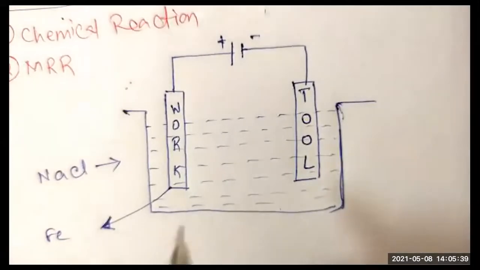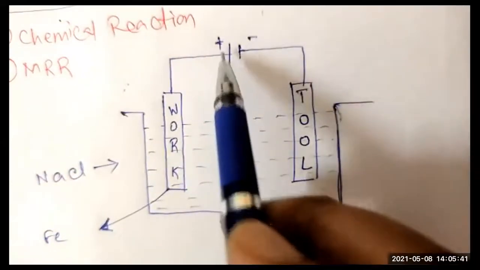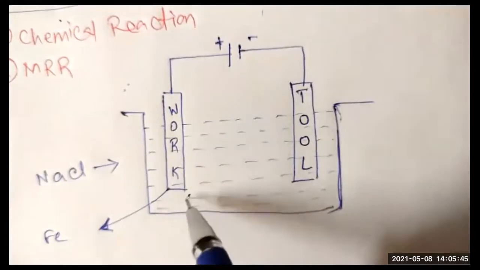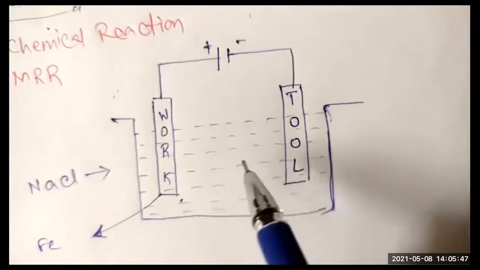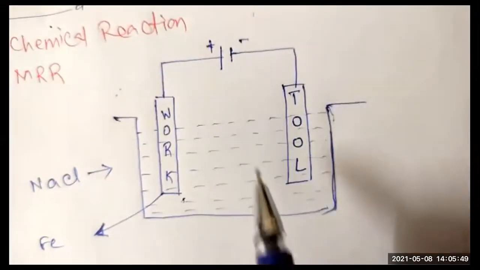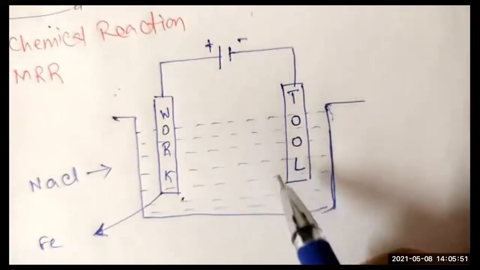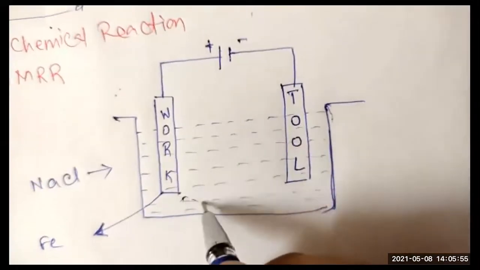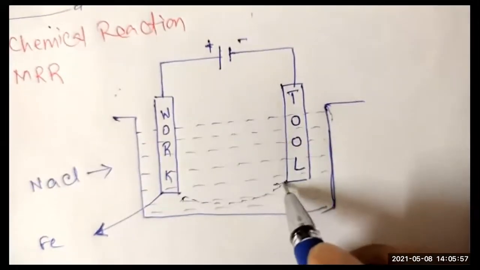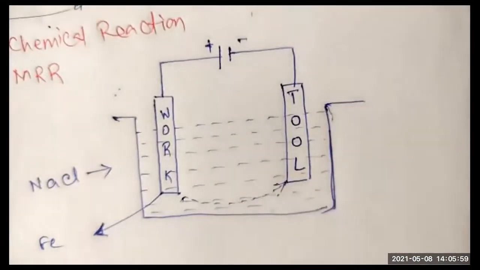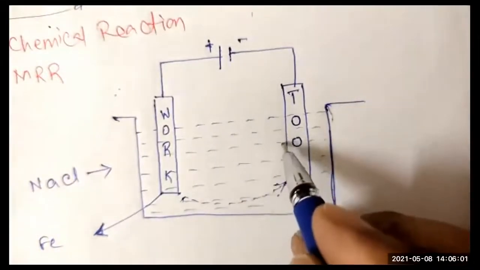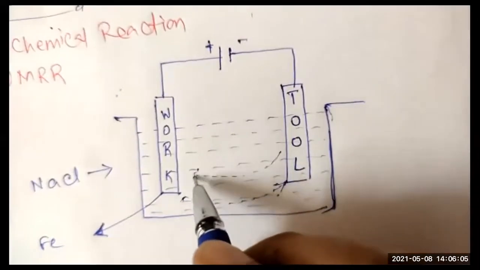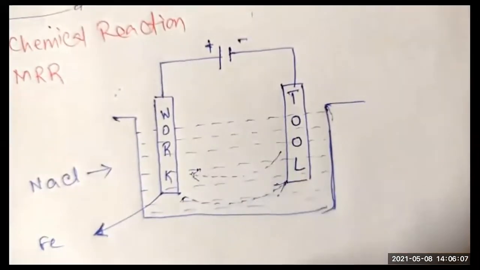Now, once we have connected the work with the positive terminal and the tool with the negative terminal, because of the presence of the electrolyte, the current will start flowing in this direction, or electrons will get removed and be attracted towards the workpiece.